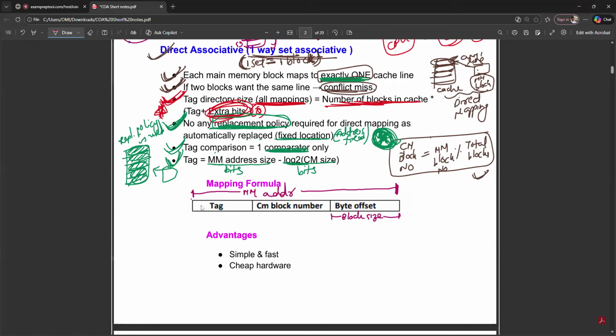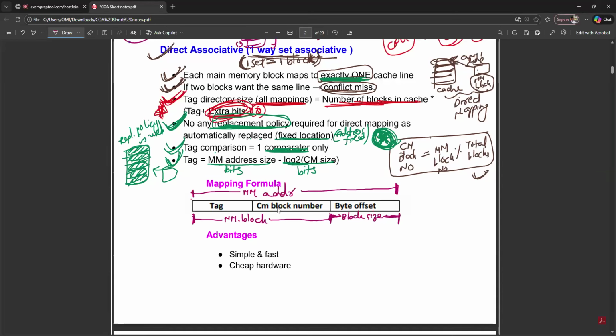This entire part is called the main memory block. If a question only gives the main memory address and block size, then you can find which block it is with the help of these bits.